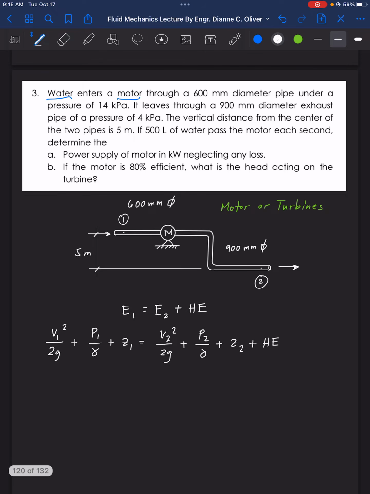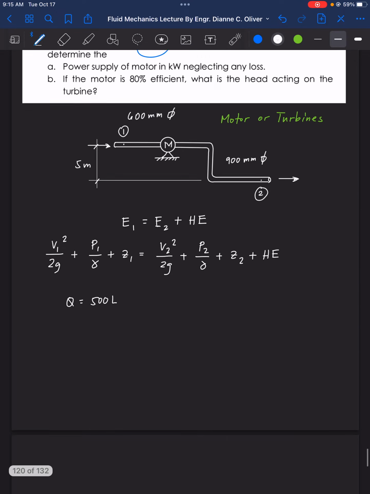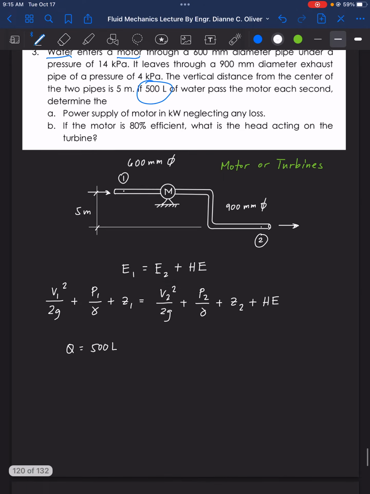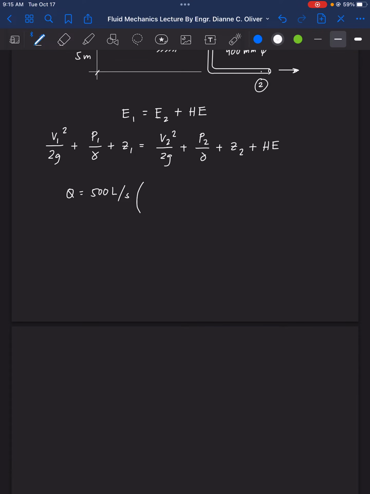Given the value for Q, 500 liters passing the motor each second, so that is definitely the Q, multiplied with 1 cubic meter in every 1,000 liters.